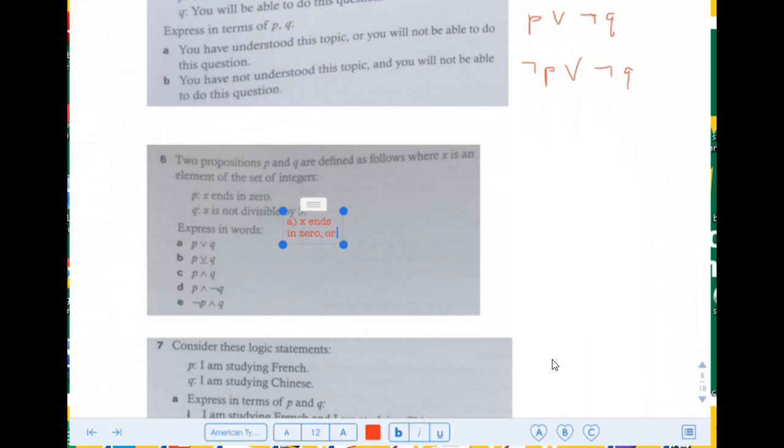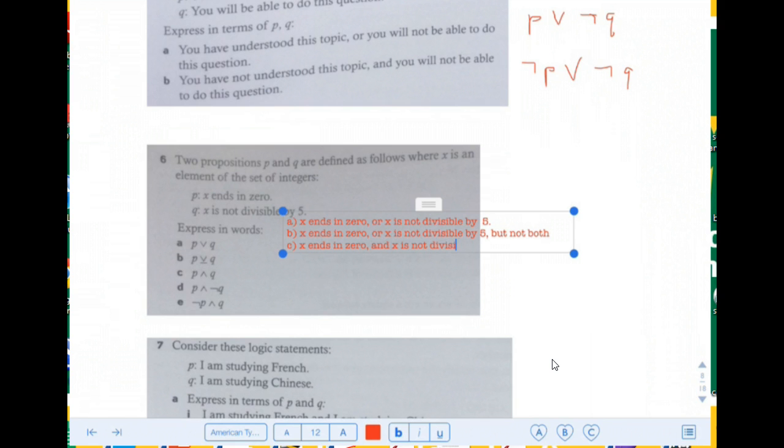Or x is not divisible by 5. Okay, next one is x ends in 0, or x is not divisible by 5, but not both. C, P and Q. So x ends in 0, and x is not divisible by 5.